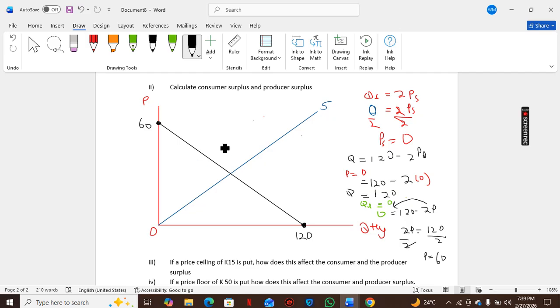So once we've got that, now remember our equilibrium price was 30 kwacha. The equilibrium quantity was 60 units.